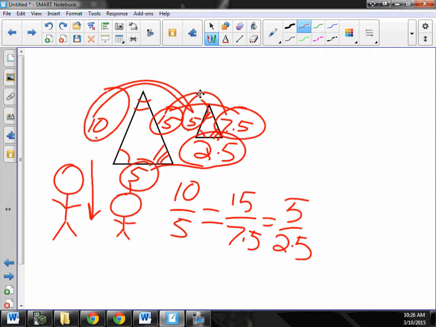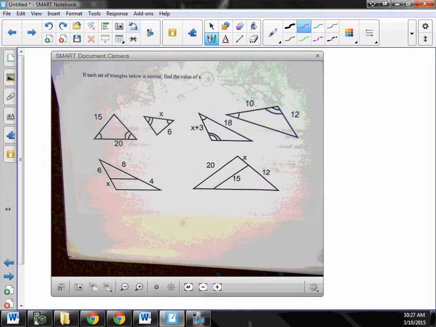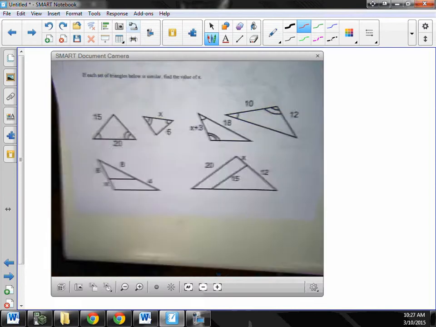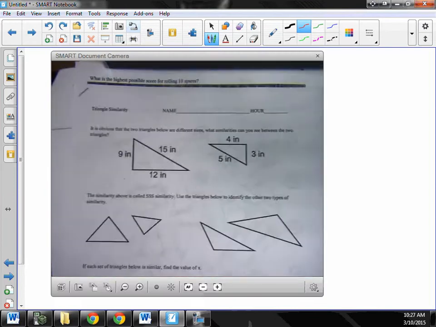And since all three of those have the same value, those triangles are similar, meaning the shape is the same, but the size is different. If I were to blow up that smaller one, make it twice as big, it would be the same as the bigger one.